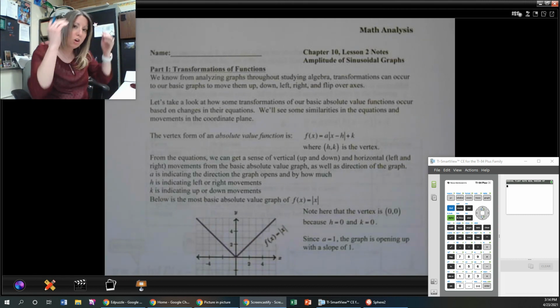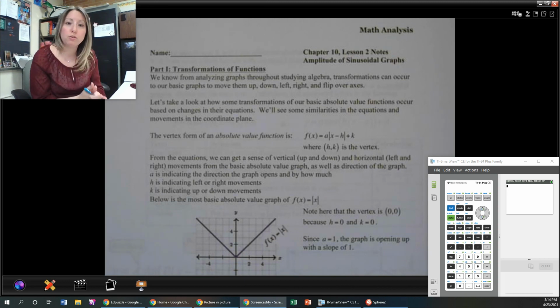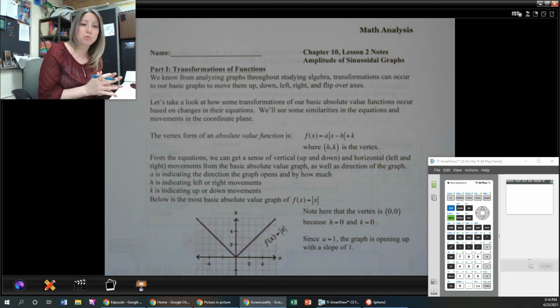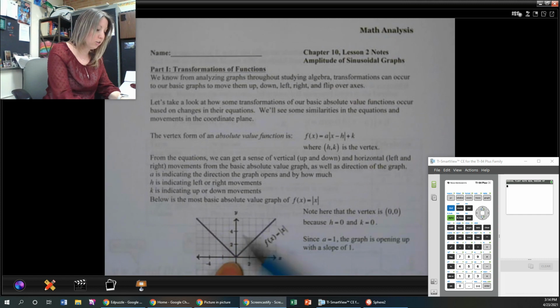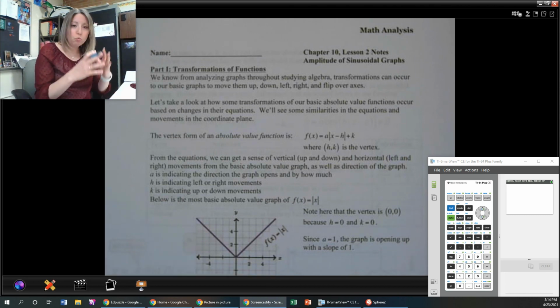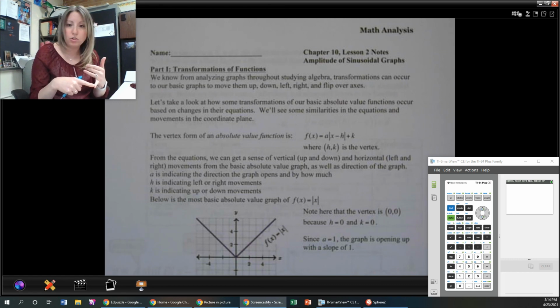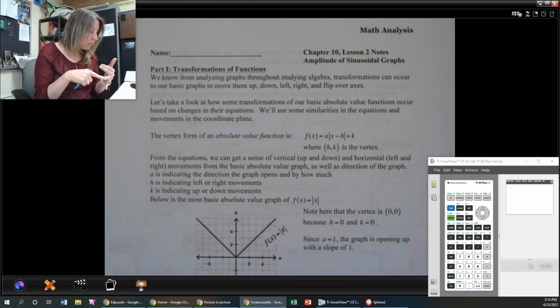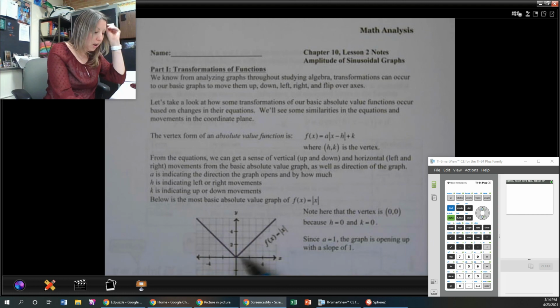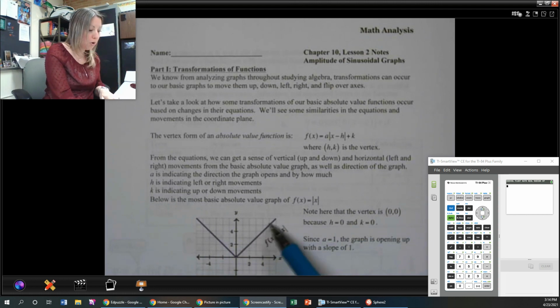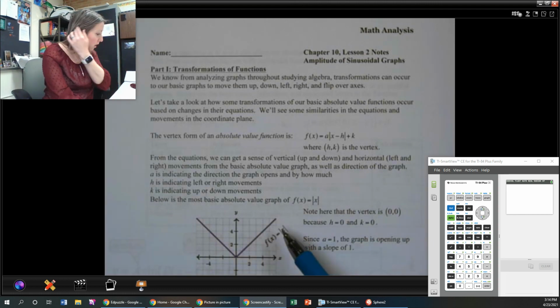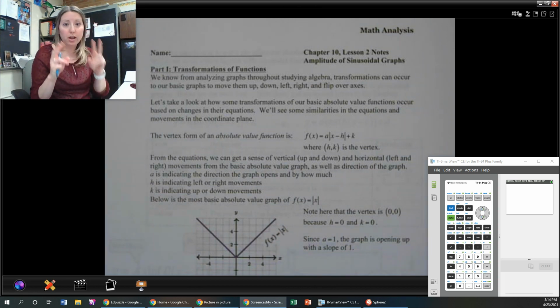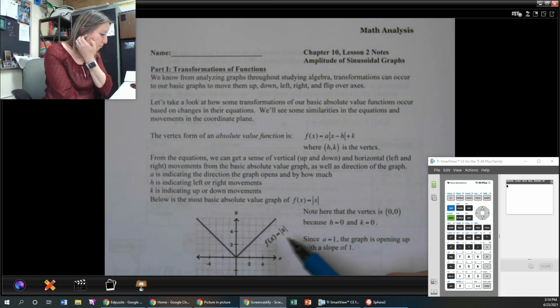So if I start with the basic absolute value function, f of x equals the absolute value of x, which is right here in your all-time favorite color, purple, the trash color that it is. This is where we're starting, at a coordinate of 0, 0 for its vertex, a slope of 1 if we're looking to the right, so up 1, right 1, which is the equivalent to amplitude when we get there, right?